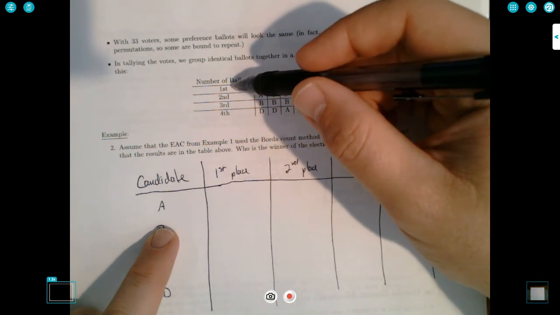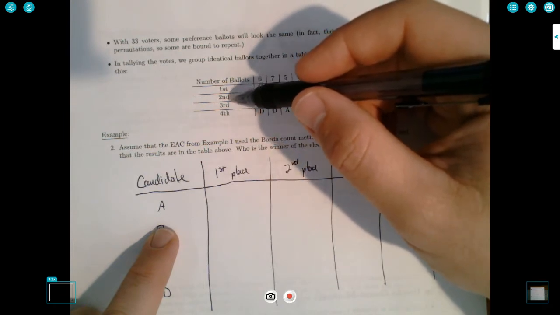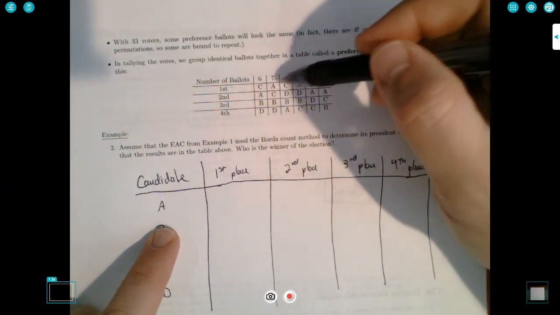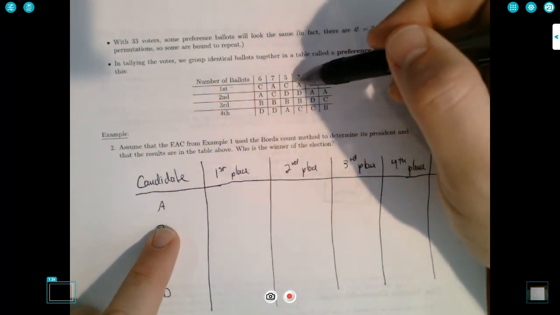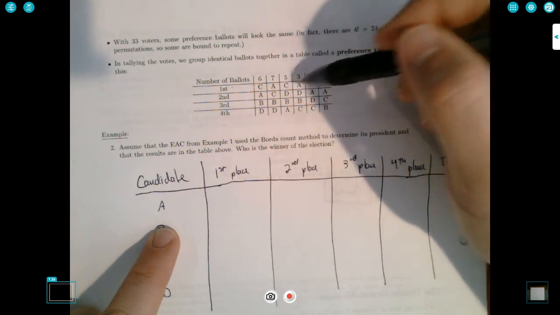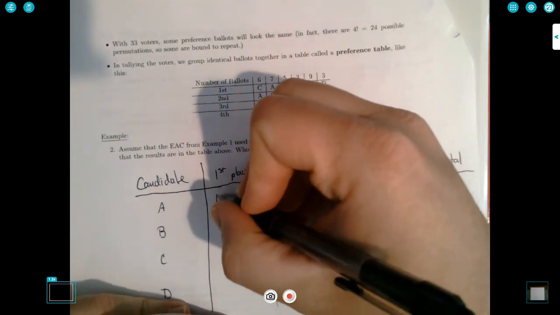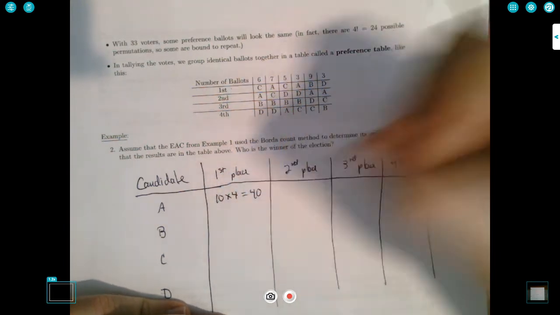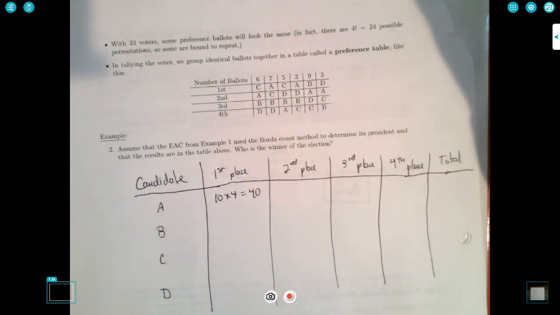So the first place gets 4 points, second place gets 3 points, third place gets 2 points, and fourth place gets 1 point. So Anne in total gets 10 times 4 points for all of her first place wins.